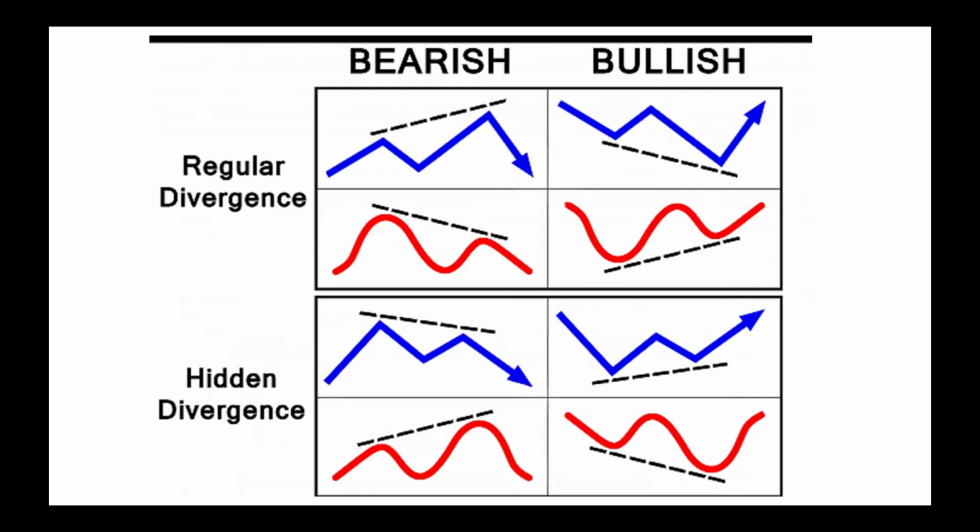We have only one rule: the oscillator is going in one direction and the chart price is going in the other direction. When we have that situation, the probabilities are not 50-50. We have a few percent better chance that we will have a bullish or bearish trend based on these patterns.